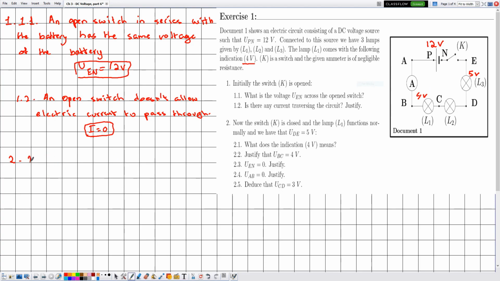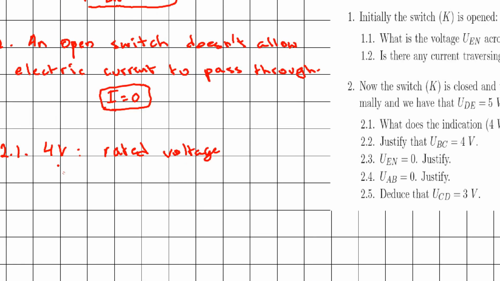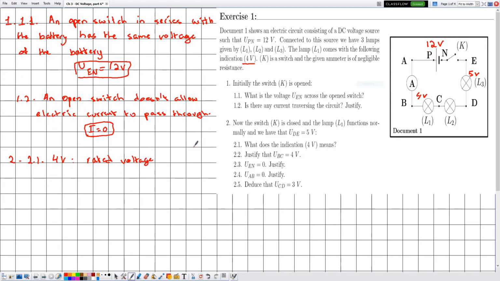Now in 2.1 they are telling me, what does the indication 4 volts mean? So 4 volts, it is the rated voltage. Why the rated voltage? Because it has the unit of volts, a voltage which is given by volts. Of which lamp?